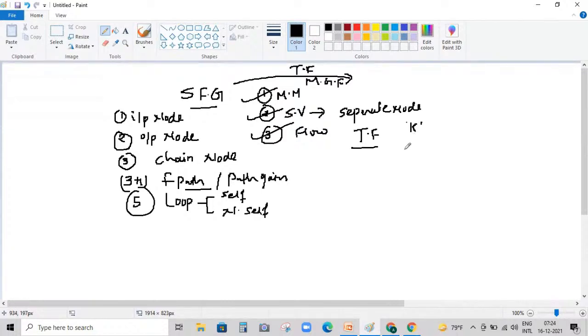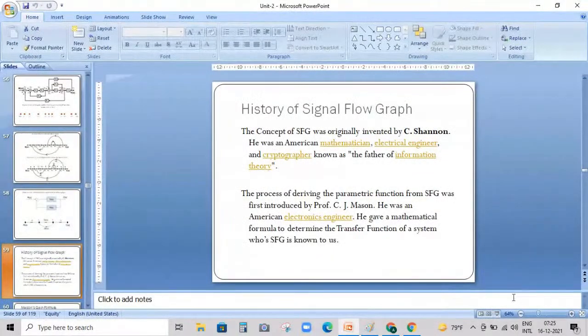So that is nothing but the application of what? Mason's gain formula. So let us start today's session, where our objective is to understand the theoretical aspect of what exactly Mason's gain formula is and how it is applicable to determine the transfer function of a system if its signal flow graph is known to us.